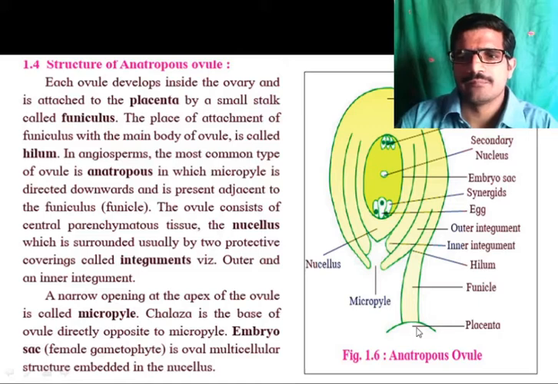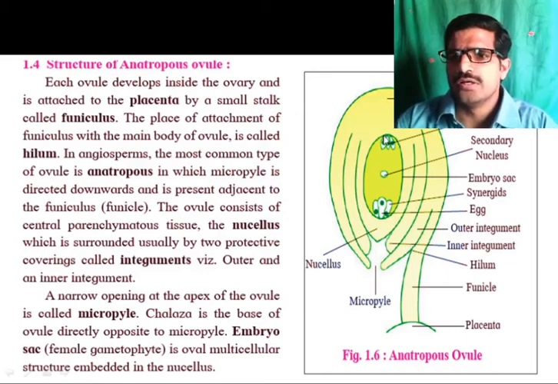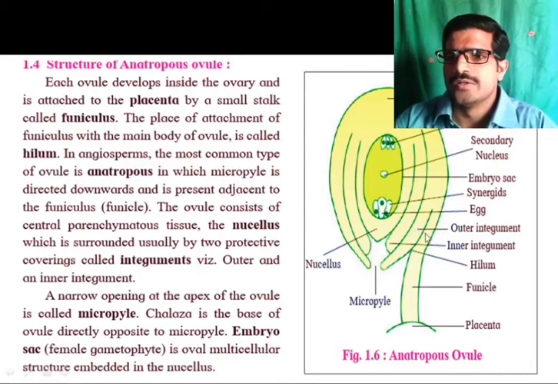This is the placenta. The stalk of the ovule is called the funicle. So this ovule consists of two parts, that is, the stalk and the body. The body of the ovule consists of nucellus, integuments, and embryo sac.